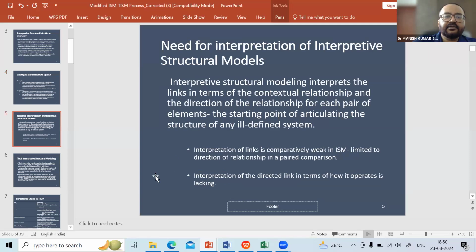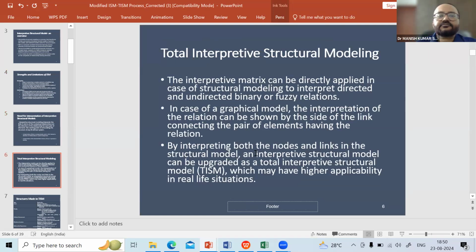So, what is Total Interpretive Structural Modeling? This is the next stage, the topic of the day also. The interpretive matrix can be directly applied in structural modeling to directly interpret an indirect binary or fuzzy relation.